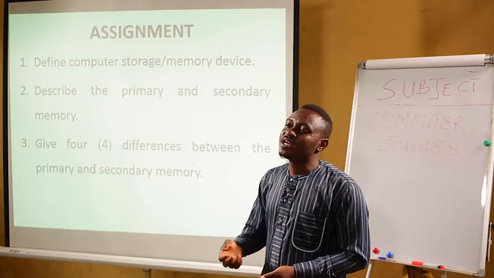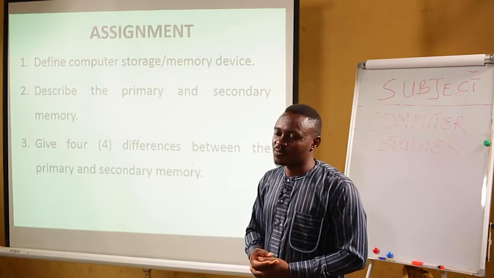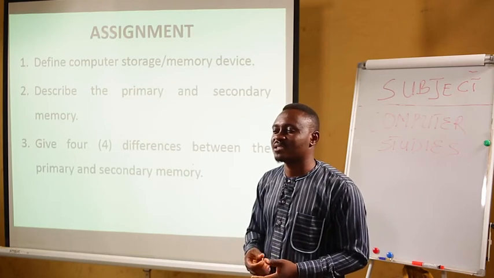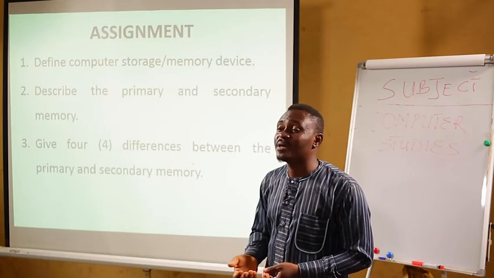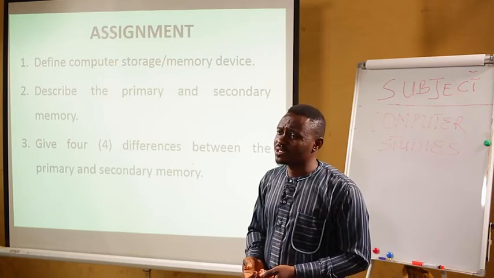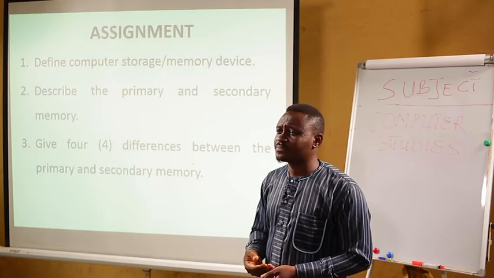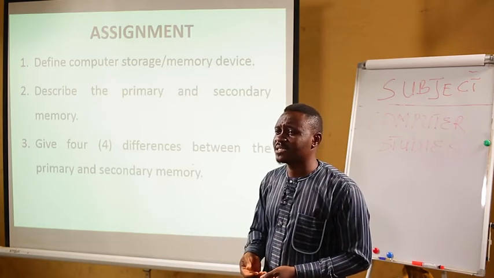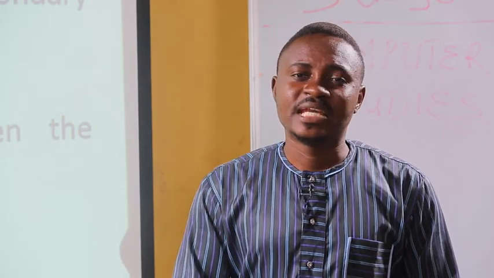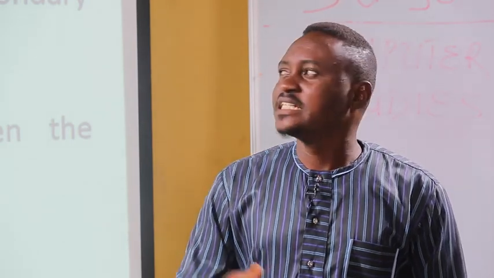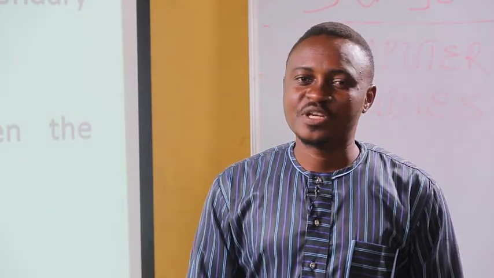And we saw the two basic types of memory: the primary memory and the secondary memory. Primary memory includes the RAM and the ROM. Secondary memory includes the flash drives, the CD, that's a compact disc, the external hard disk, and so on. And we were also able to see the differences between the primary memory and the secondary memory.